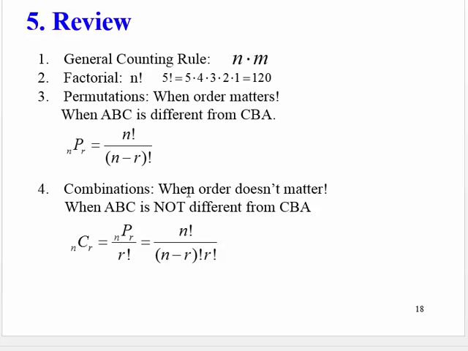And combinations, when order doesn't matter, when ABC is not different from CBA, such as a team selected where you can intermix players, then it's NCR, which is just NPR divided by r factorial.